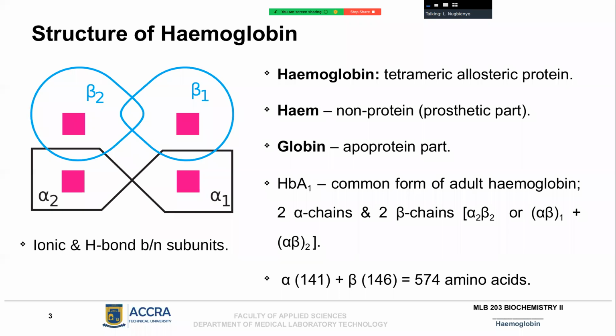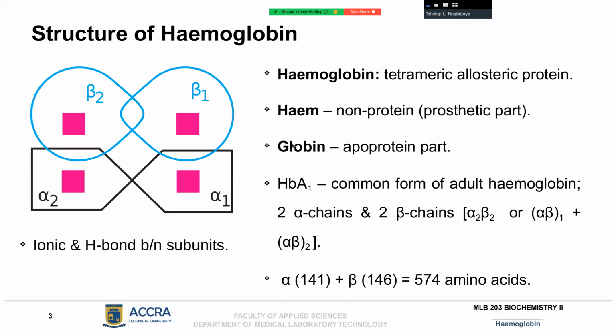And these non-protein parts are referred to as prosthetic parts. In the same way, in hemoglobin, we have the prosthetic part, or the non-protein part, being the heme. And the globin is the protein part, which are the alpha and beta globins of hemoglobin.